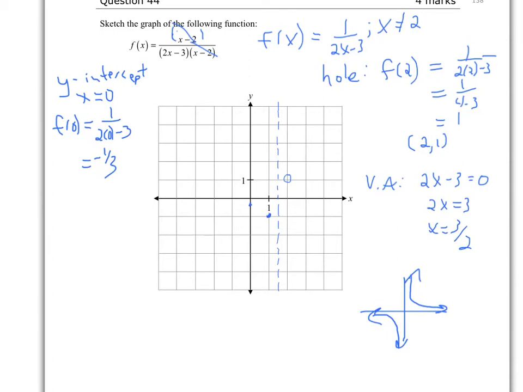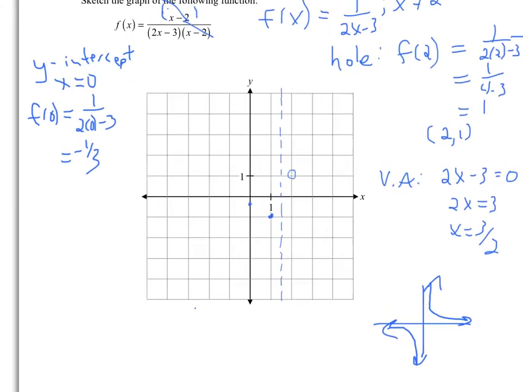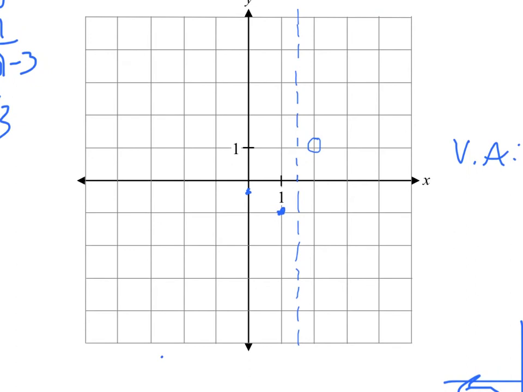You can see now that this curve will have asymptotic behavior. I'm going to do 3 just to make sure. If we substitute in 3, again mental math, 2 times 3 is 6, 6 minus 3 is 3, so we get a positive 1/3. So at 3, we're getting a positive 1/3.